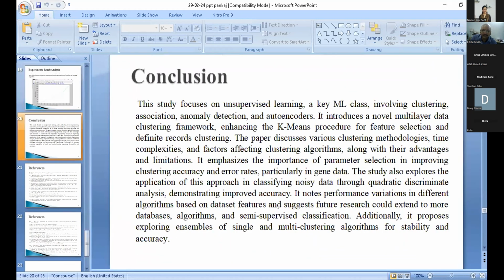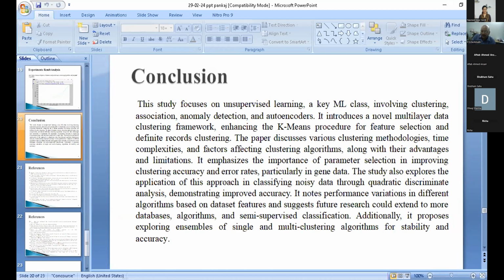The conclusion is that we have focused only on unsupervised learning. The error rate emphasizes the importance of parameter selection in improving clustering accuracy and error rates, particularly in genetic data. The study also explores the application of this approach in classifying noisy data through quadratic discriminant analysis, demonstrating improved accuracy.